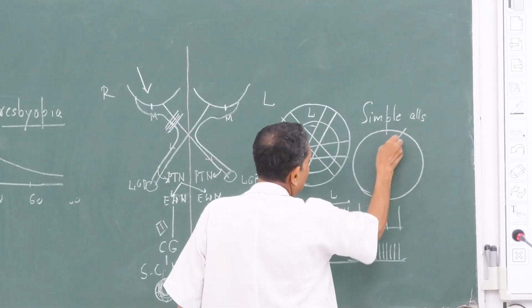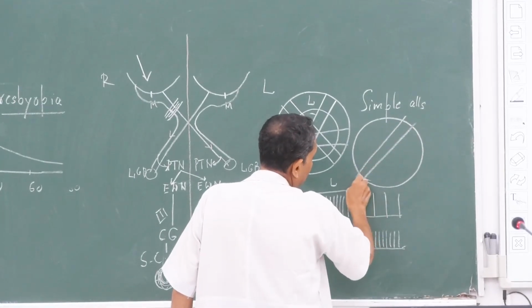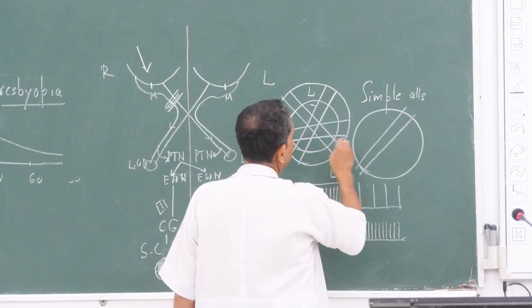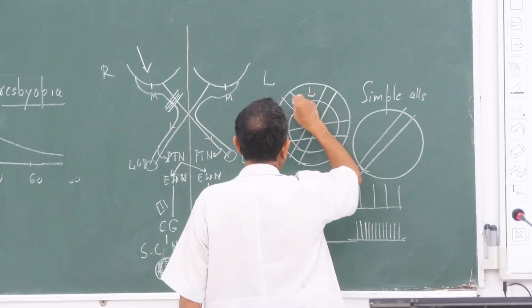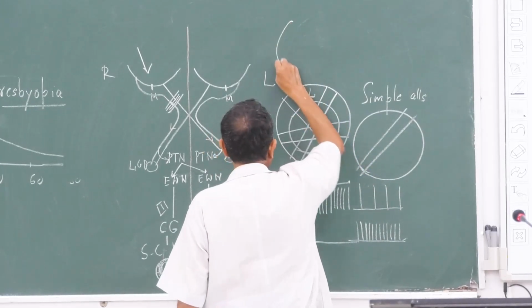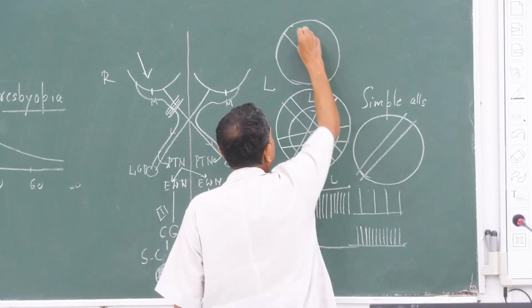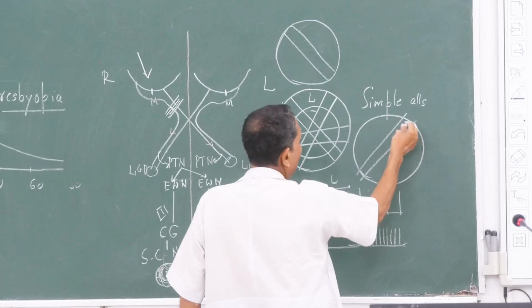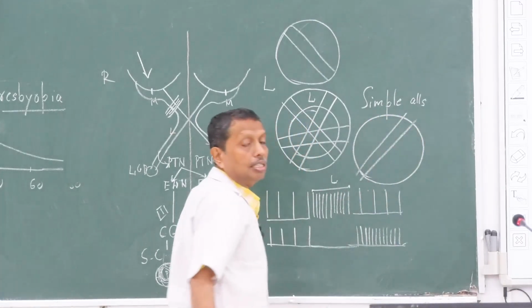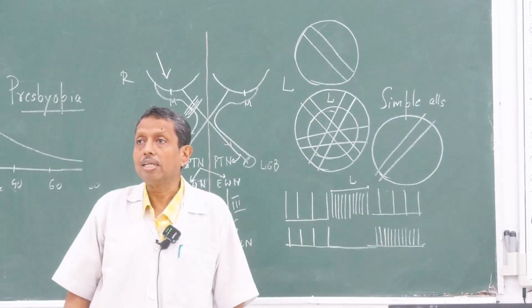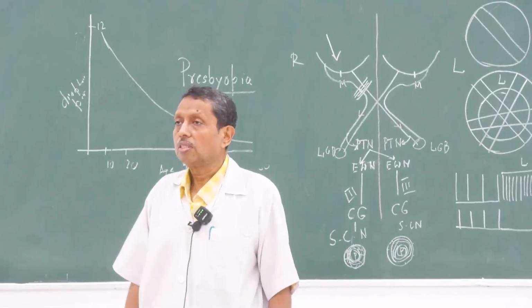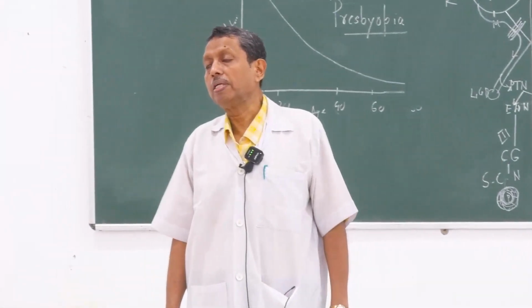Some simple cells, another simple cells, they have this type of orientation. At 10 degrees or so the response diminishes, and at 15 degrees or so it is lost.